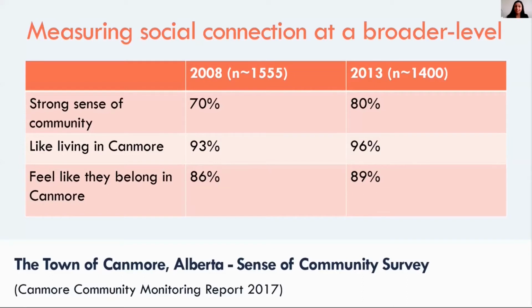In 2008, 93% said that they liked living in Canmore, which increased to 96% in 2013, which is quite an impressive number. And overall, there was really a strong sense of community with both permanent and non-permanent residents. And importantly, public amenities, such as pathways, parks, the recreation center, and at the time, the new Elevation Place, were all identified as key elements contributing to this sense of community.